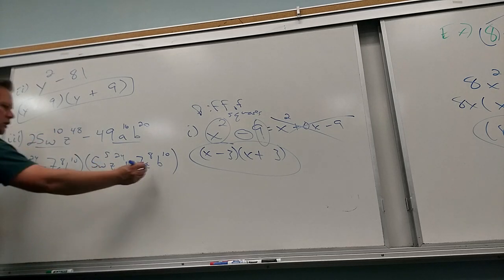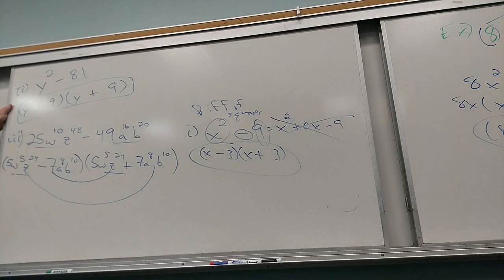Minus a bunch of stuff plus the same stuff, gone. I really want you to see how that looks easier than this, but it isn't easier, it's just a little less to write. They are equal in easiness. I cut that in half, and I cut that in half, minus plus.